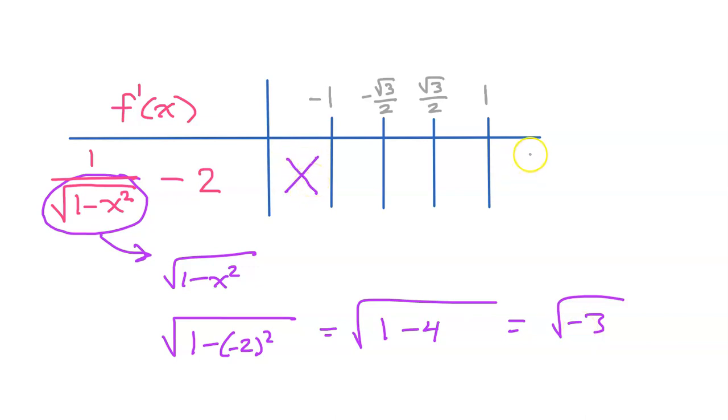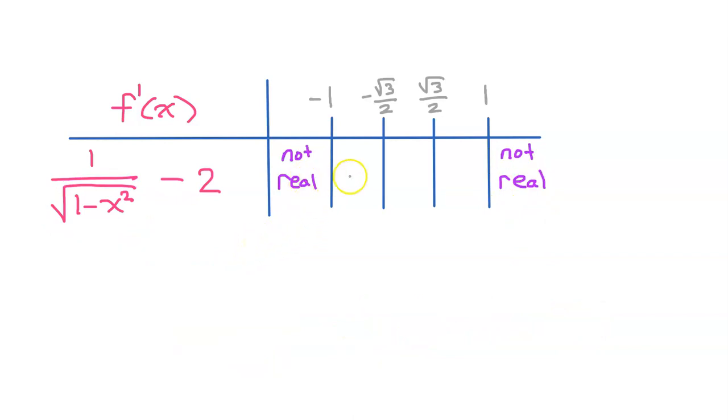And the same thing would happen if we picked a value in this interval, because it doesn't matter. If this were positive 2, we would get the exact same thing. No real numbers. So now we are down to just 3 intervals that we need to test out. Let's do the easy one first. This middle interval has 0 in it.